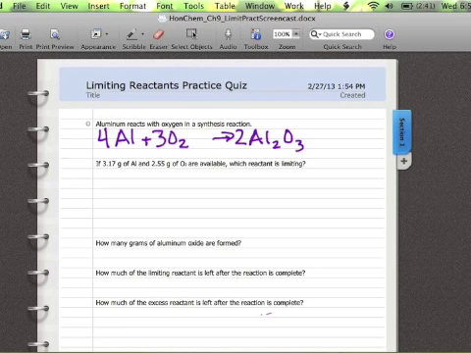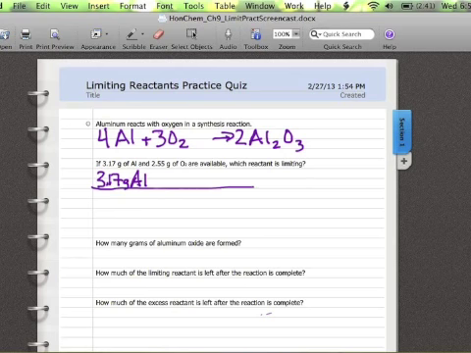Now, if there had been more than one product, you could run both of those to the same product, and it wouldn't matter which one. But since we only have one product, we're going to take each of those to the product that was given, which is aluminum oxide. So we're going to start one problem out with 3.17 grams of Al. And then our second problem will start in a minute with our 2.55 grams of O2.